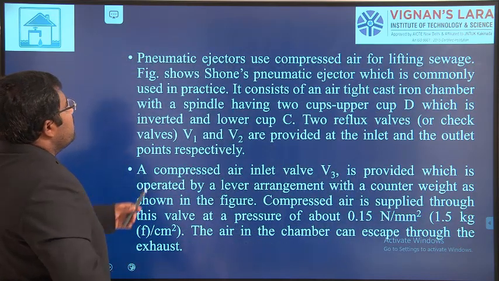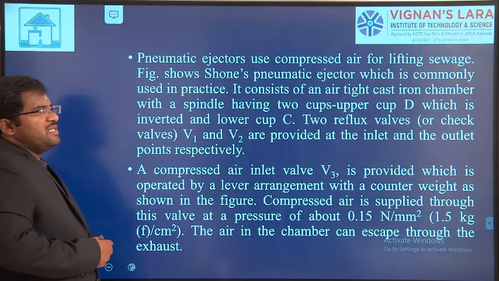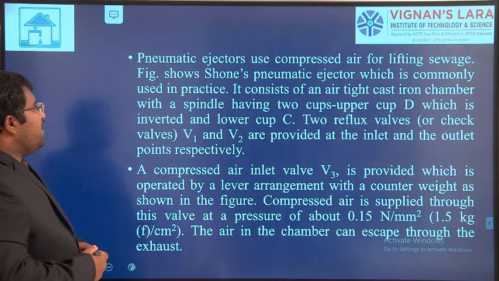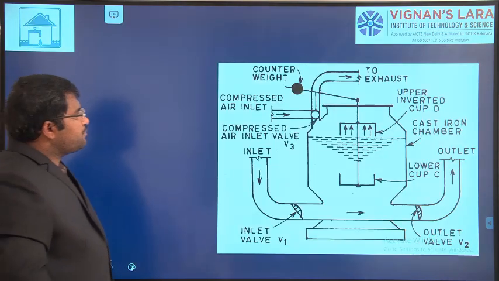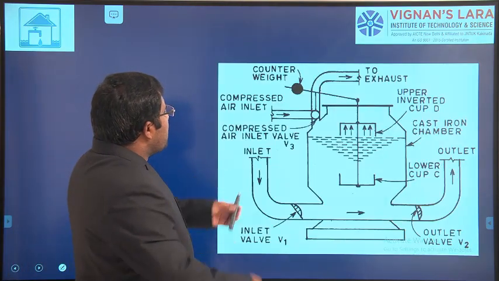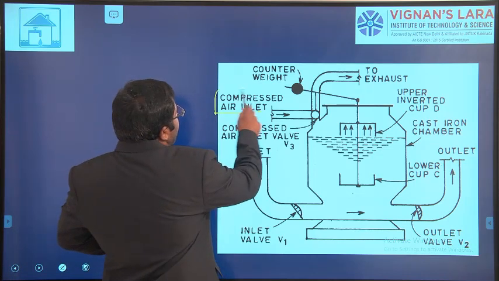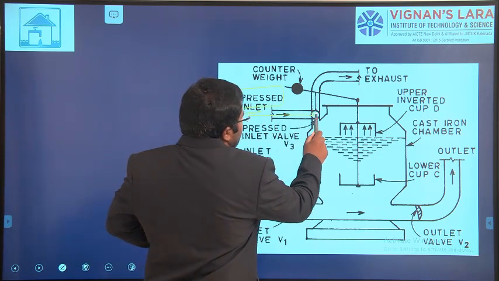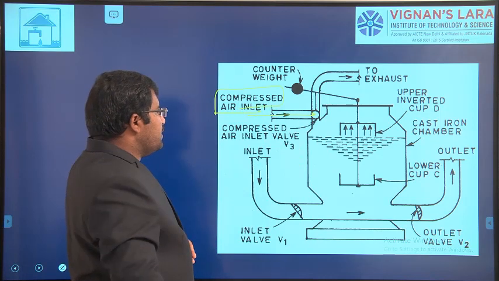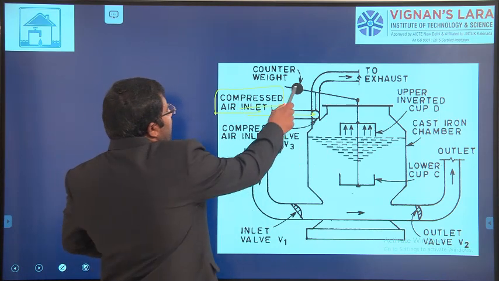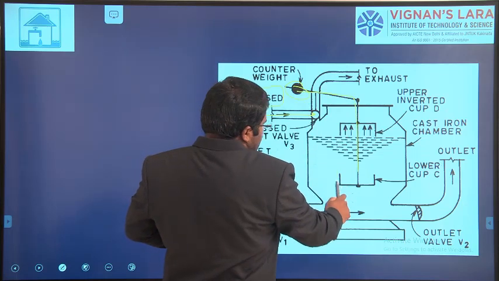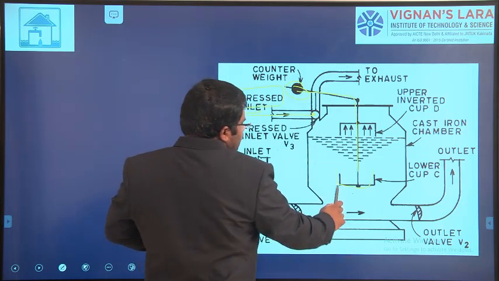Next, these pneumatic pumps use compressed air for lifting the sewage. We will see the diagram. Here we have the compressed air, which is sent inside. Here we have a counterweight, which has a low cup.